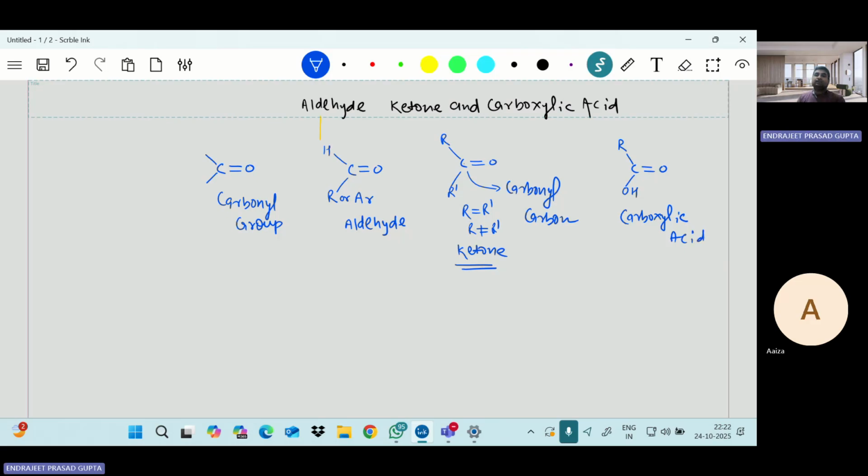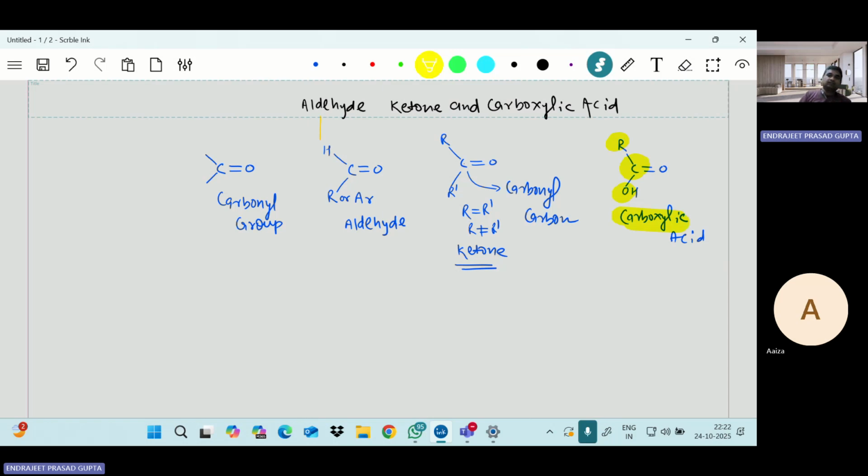So to identify aldehyde, ketone, or carboxylic acid, first you have to check how many side chains this carbonyl carbon has. If one side R, other side OH, this will be carboxylic acid. If one side R, other side also R, aliphatic or aromatic, this will be ketone. If one side R, other side hydrogen, then it will be aldehyde.